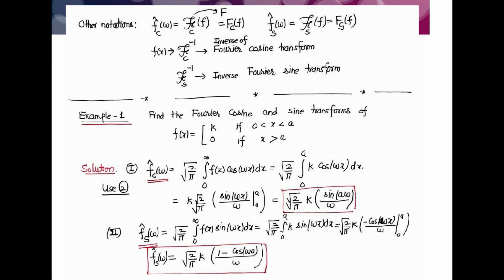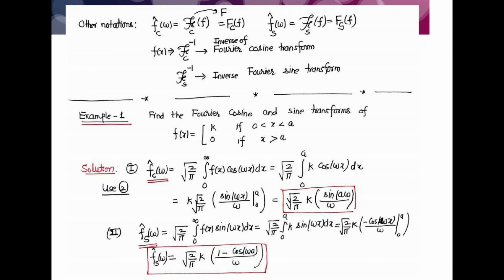Its formula is given by: F_c(w) is square root 2 upon pi, integral 0 to infinity, f of x cos of wx dx. Now substitute the value of the function. The function is k, which is some constant, defined from 0 to a, and it is 0 if x is greater than a.